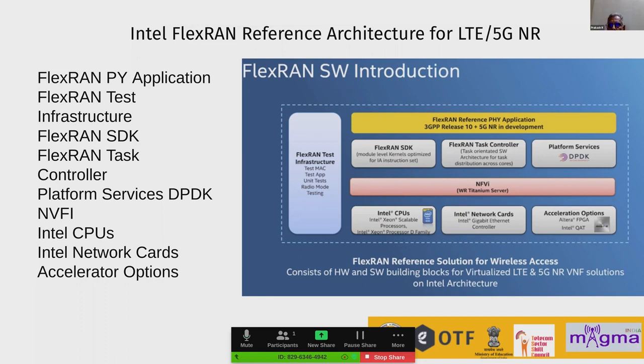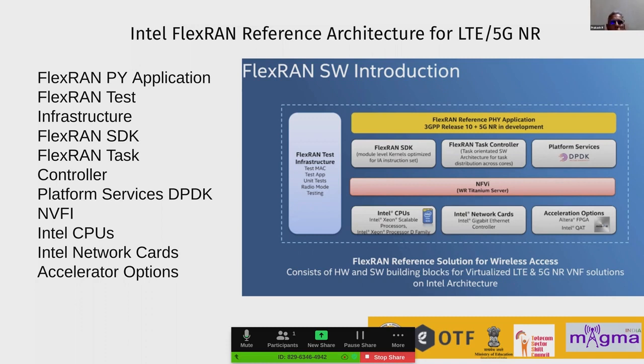There is a library of all the communications and other functions, encryption, decryption, encoding, decoding, compression, which is part of the FlexRAN SDK, which can be used for the RAN for the implementation of the 5G reference architecture for the new radio. They have the task controller which enables the tasks so that you can do parallel processing. Then they have DPDK for the user plane, SR-IOV and all those functions.